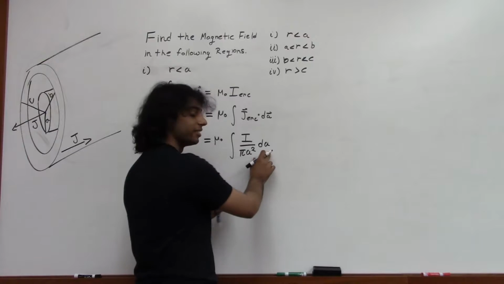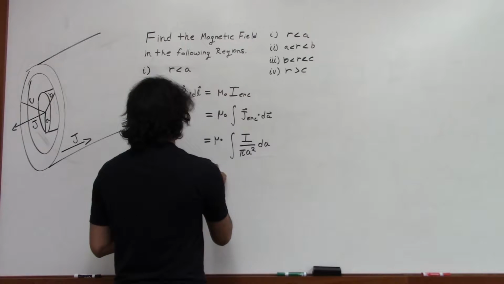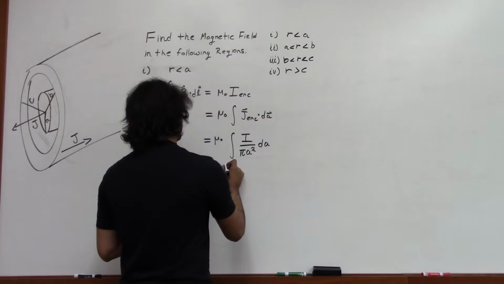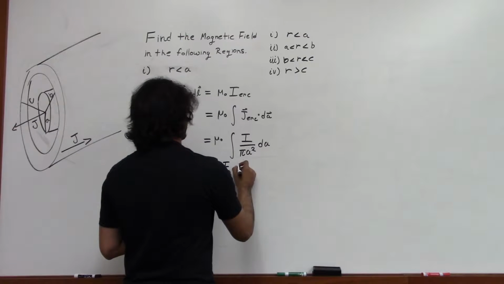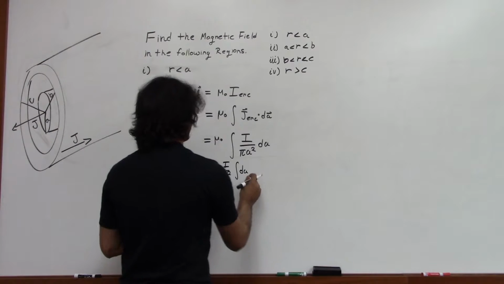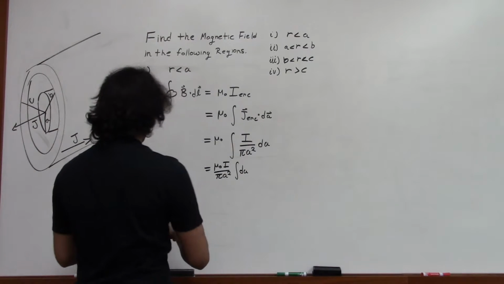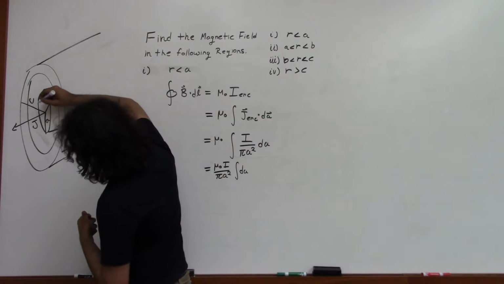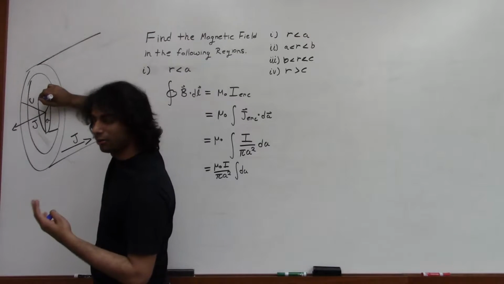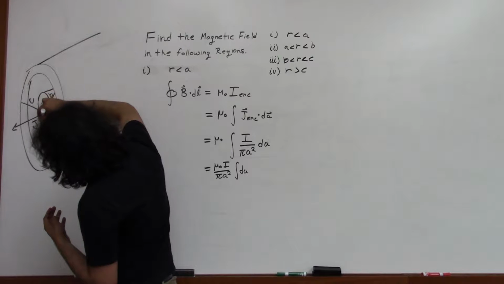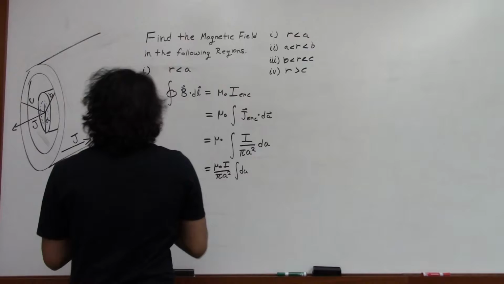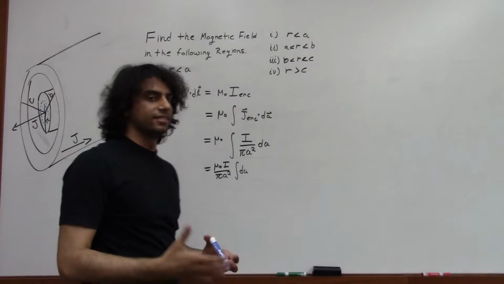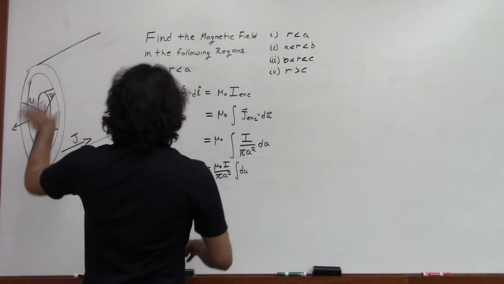Note, these two are not the same, so I will move that out. This is integrating the area of our Amperian loop. And so let me draw that now. Our Amperian loop is some distance r away from the center. And so the area of this is not necessarily going to be the same as the total area.